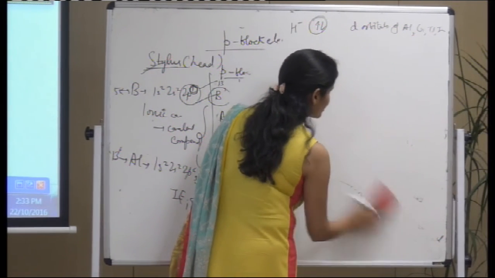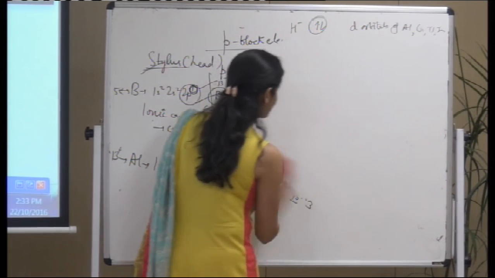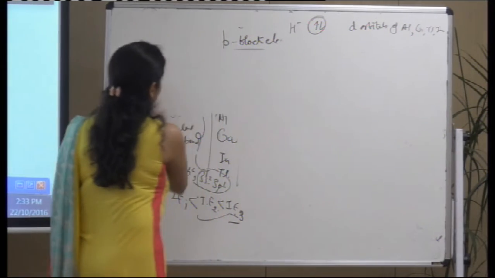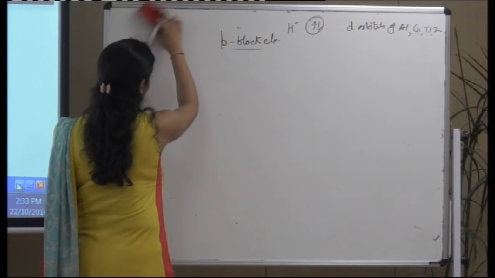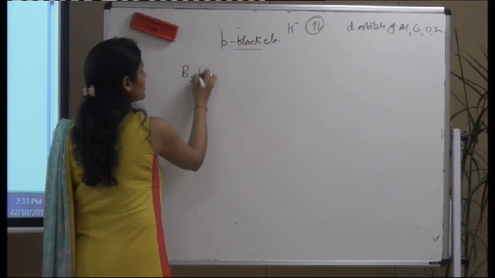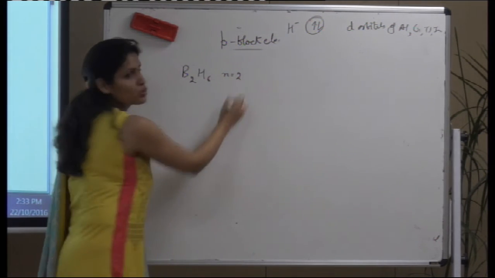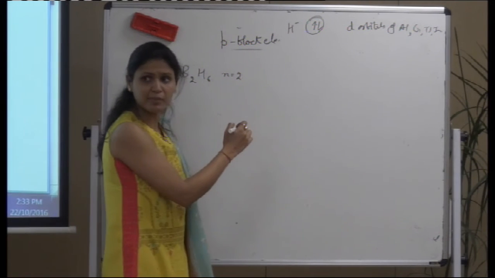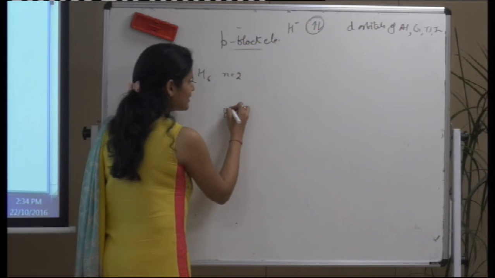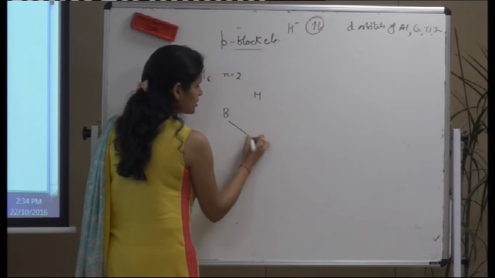So what is the structure for BH3? It should be trigonal planar, but since we know it dimerizes, does anybody know the structure of diborane? This is called diborane because n is equal to 2, right? It is a banana bond.